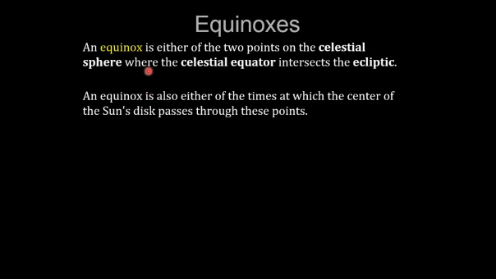So equinox is either of the 2 points on the celestial sphere where the celestial equator intersects the ecliptic, which means the ecliptic is the path of the sun. So whenever the sun intersects the celestial equator on the celestial sphere, those 2 points are called equinox. Equinox is also either of the times at which the center of the sun's disk passes through these points.